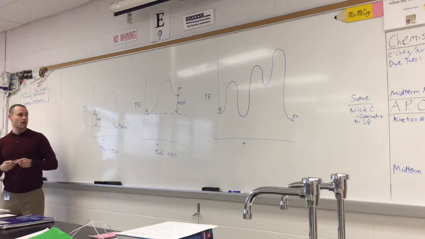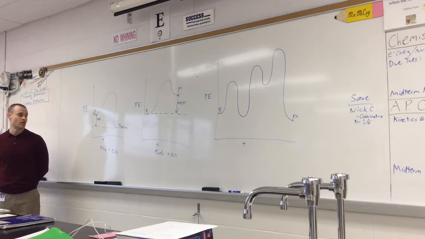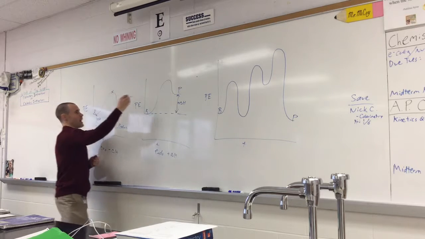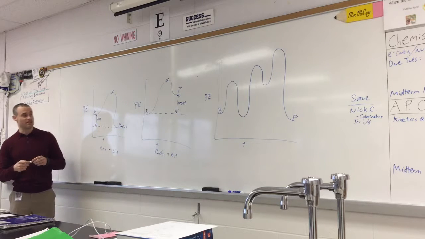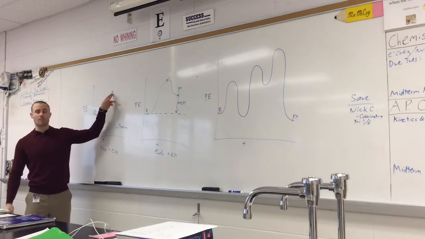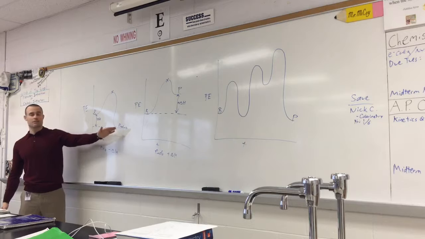Very good. If I wanted to label the activated complex, also known as the transition state. Marcy? Isn't that the top of the peak? Very top, right here. Very top is called the activation or activated complex or transition state. So if you don't know that, write that down. Transition state meaning you're transitioning from reactants to products.